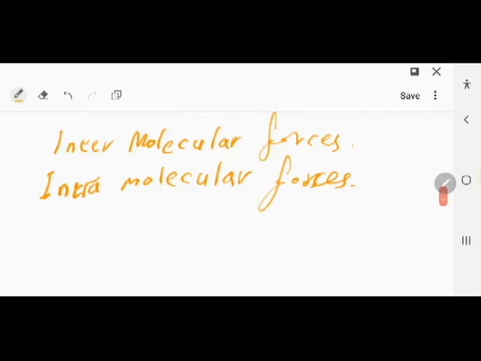The difference between them: when we talk about the intramolecular forces, we mean that we are talking about the covalent and ionic bonds, because they are intramolecular, which means inside the molecule itself.